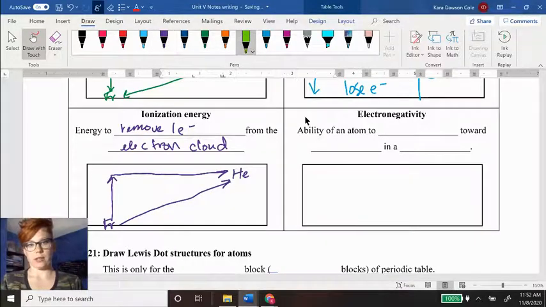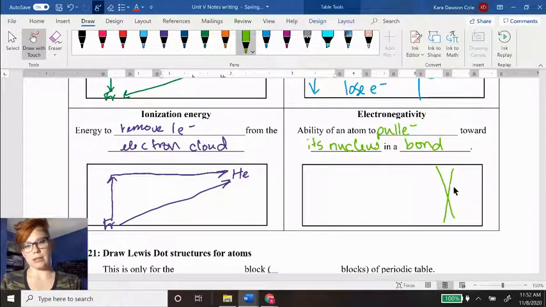The final one here, electronegativity. This is the ability of an atom to pull electrons towards its nucleus in a bond. Now, in this, the noble gases are not in this. No noble gases.